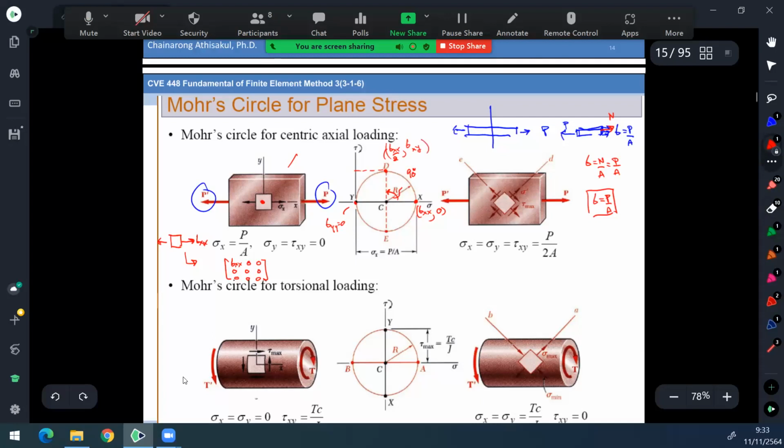And at this point, sigma xy becomes maximum. This is the maximum value.